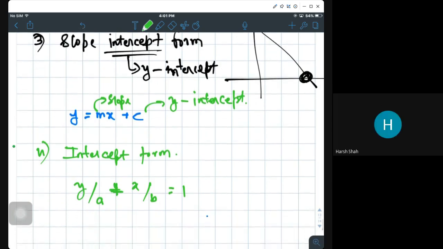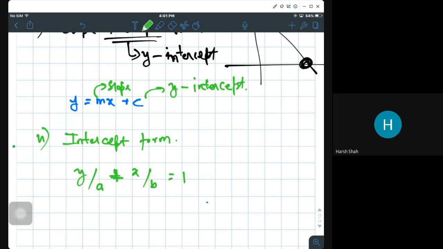Yeah, that's not a problem. The only thing you need to remember is y gets divided by y-intercept, x gets divided by x-intercept. This is the y-intercept and this is the x-intercept.